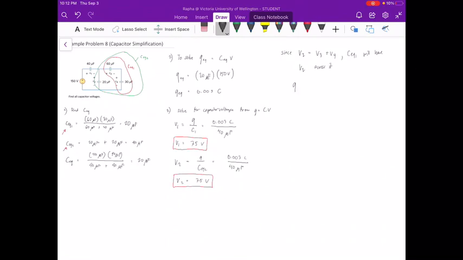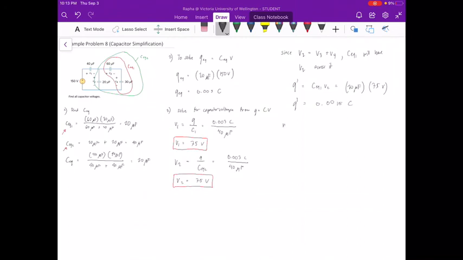I'll just solve for another Q, with a single apostrophe, equal to CEQ1 times V2, which is 20 microfarad times V2. Our V2 is 75 volts. Our Q then is equal to 0.0015 coulombs.